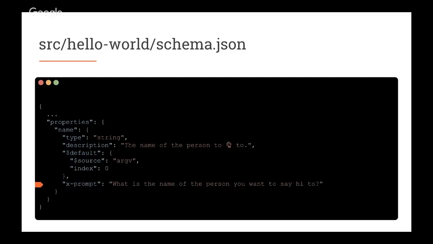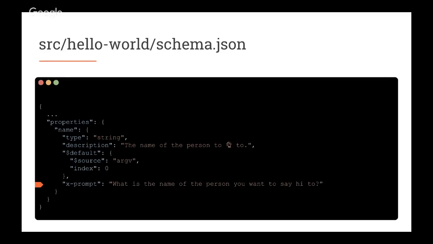And then we mentioned command prompts. This is how you specify command prompts. So it's actually really nice, really easy. This property here, x-prompt, is what is displayed to the user of the schematic, and then it infers the properties within that schema property as well. So it knows that it needs to be a string, and then you can have required properties set.